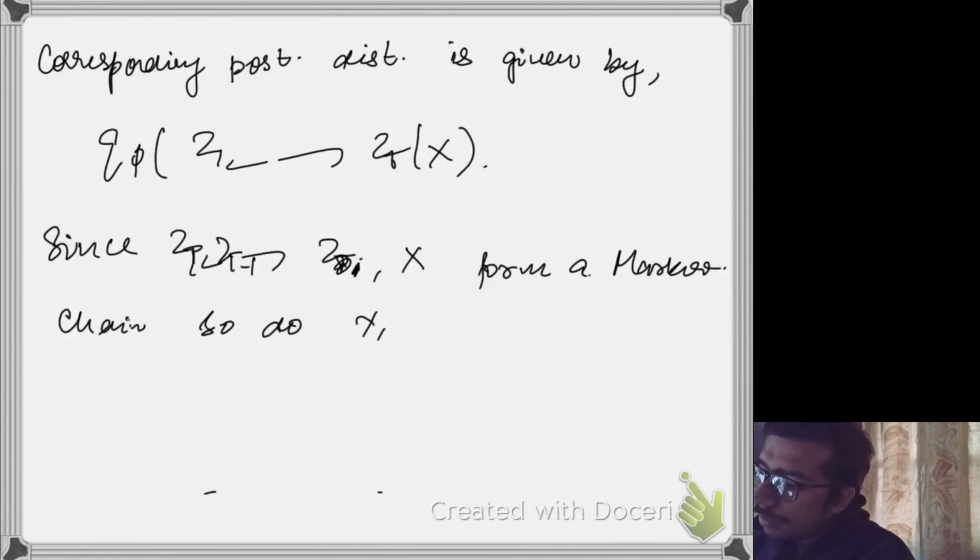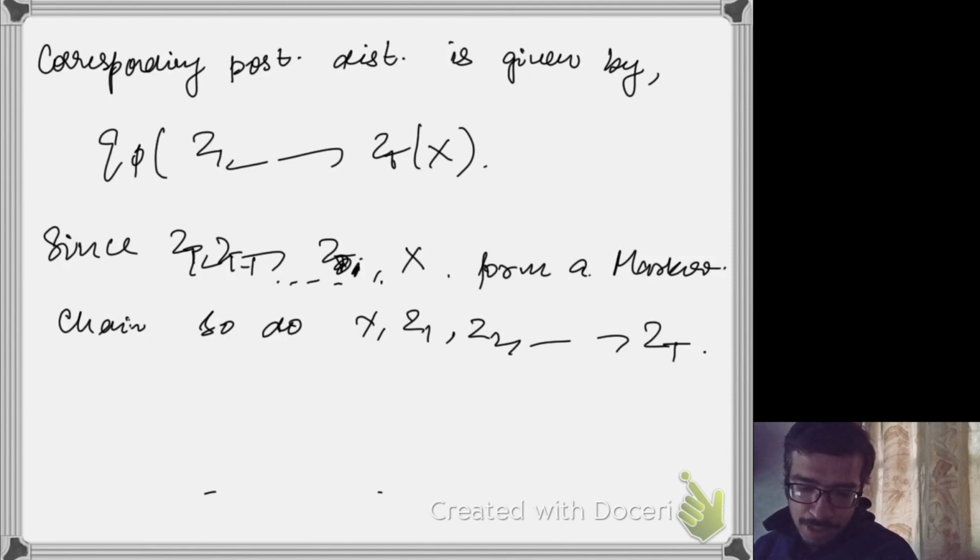So we have z_T, z_{T-1}, dot dot dot, z_1 and then x. Now if I take the reverse order, they will also continue to form a Markov chain. So in reverse order, the variables are x, z_1, z_2 and then finally z_T.